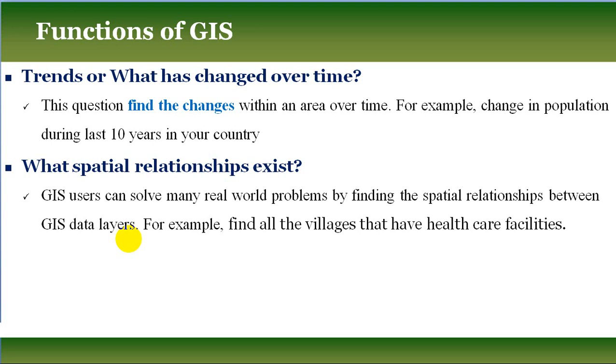So those sorts of spatial relationships can be found out by the fourth question: what spatial relationships exist?